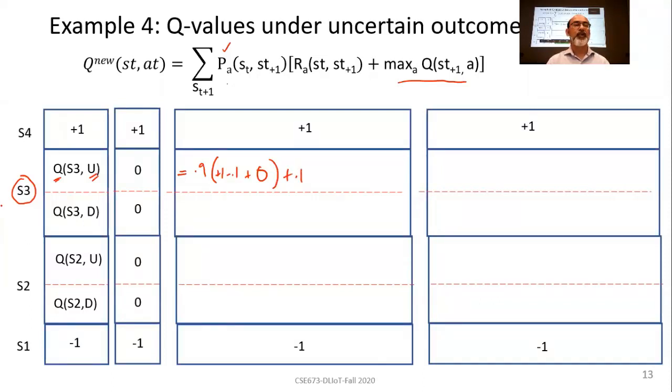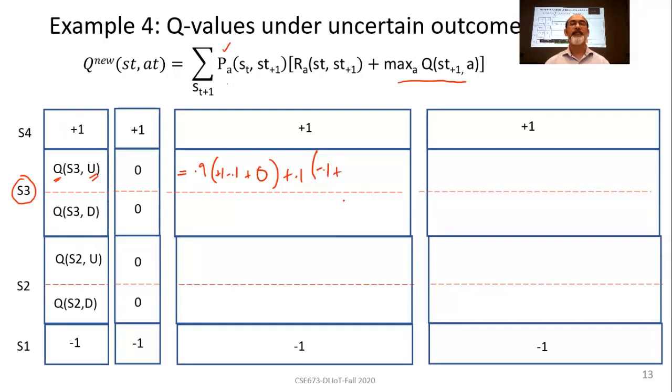So now we're going to go in the downward direction into S2. And what's the reward of going from S3 to S2? There's no reward in S2. There's only a movement cost. So it's going to be negative 0.1 over here.